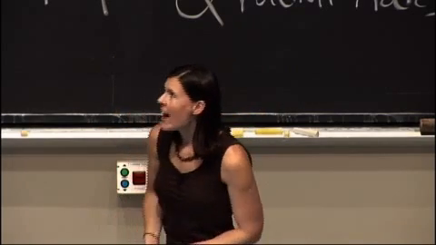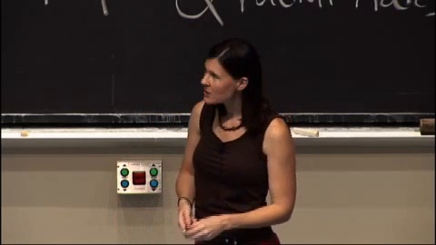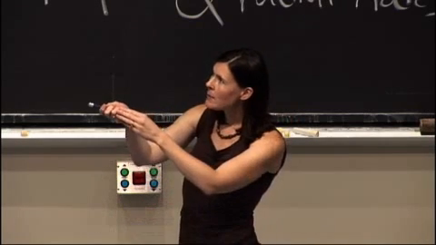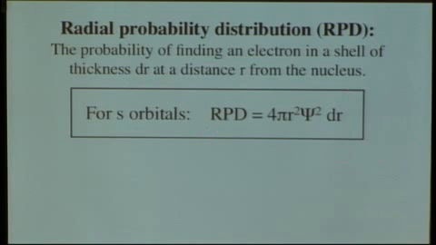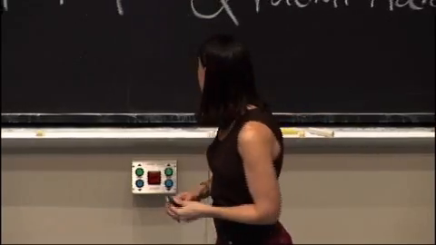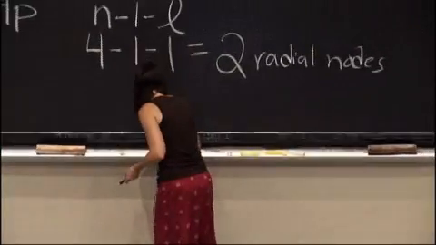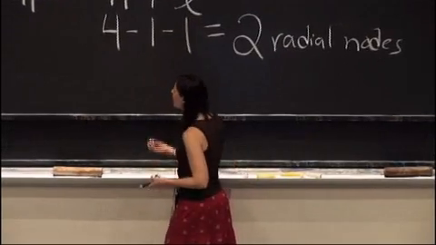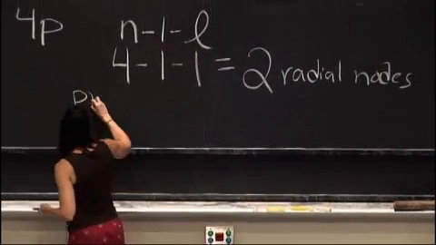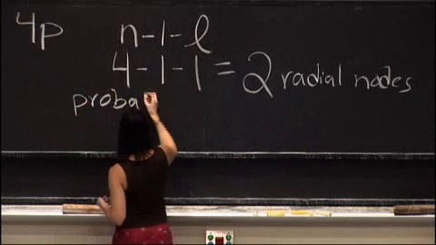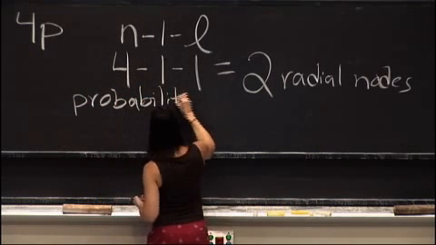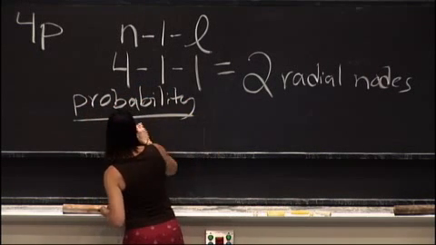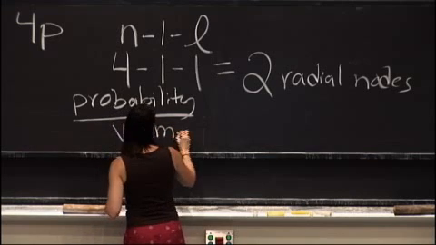So we can do that by using this equation, which is for s orbitals, where the radial probability distribution is going to be equal to 4 pi r squared times the wave function squared dr. That should make sense to us because when we talk about a wave function, we're talking about a probability divided by a volume because we're talking about a probability density.